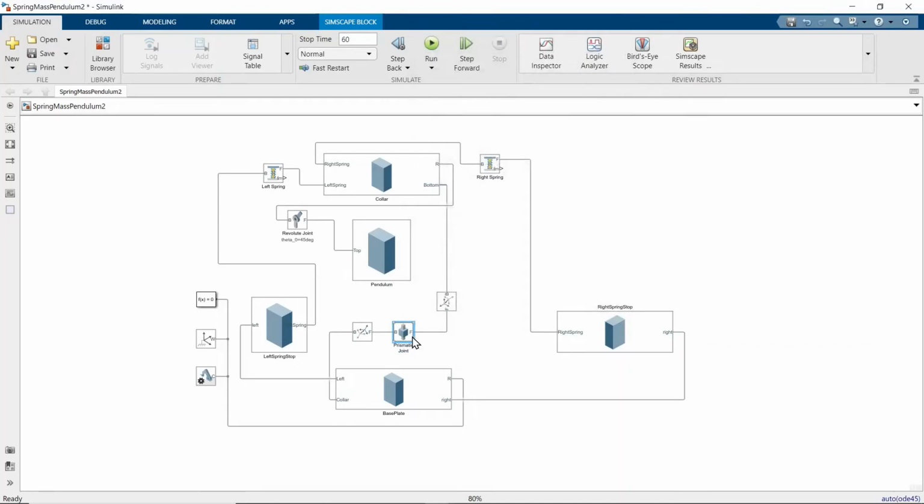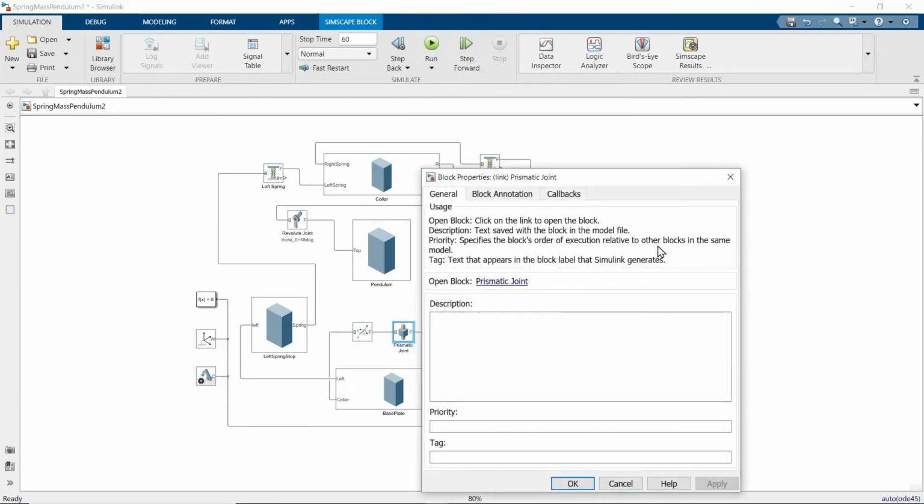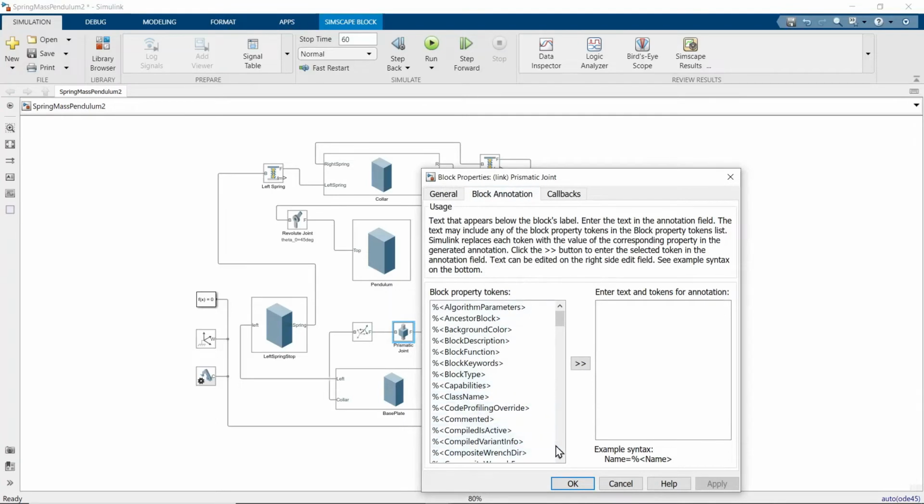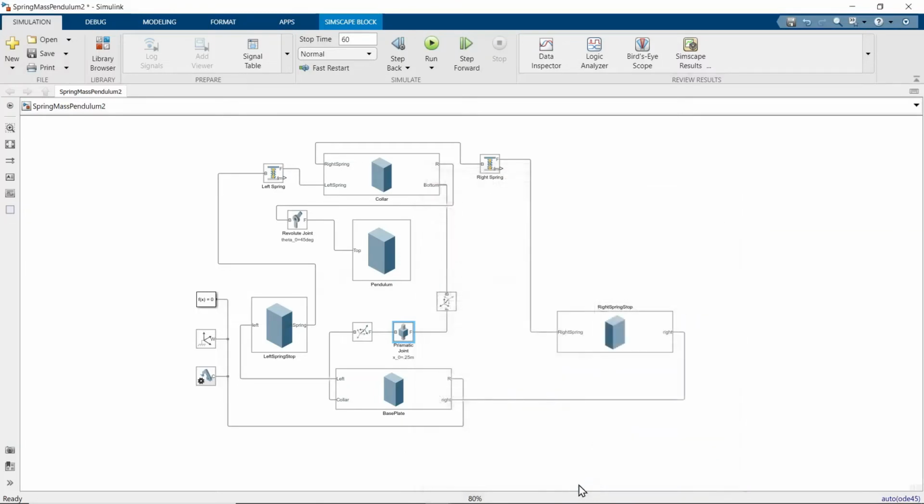We right click, properties, block annotation, position target value and position target units, and we'll say x underscore 0 equals this. Apply and okay. So 0.25. The base plate we don't really care about, we just know it's static. The left spring stop is also static. The right spring stop is also static.